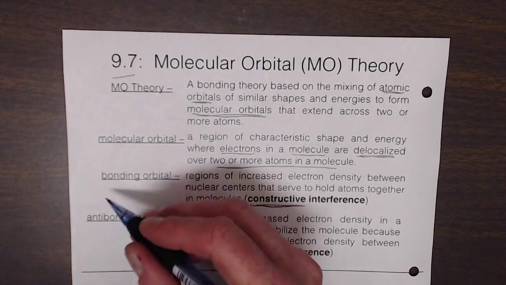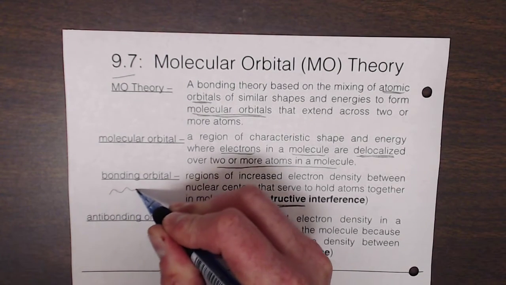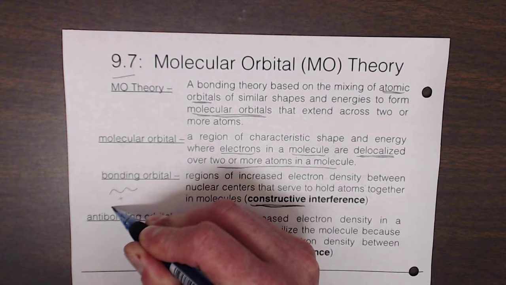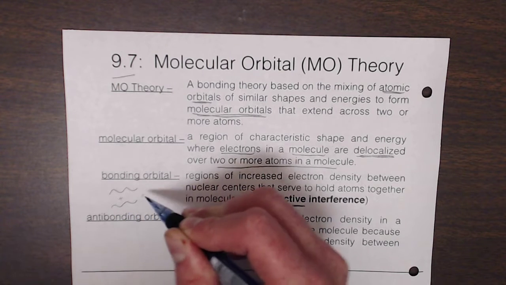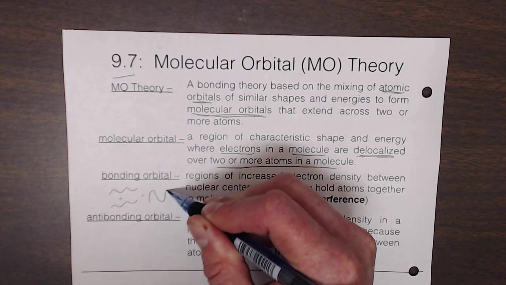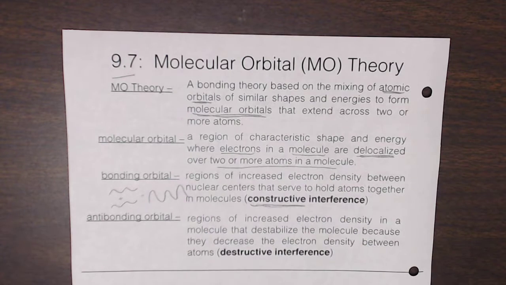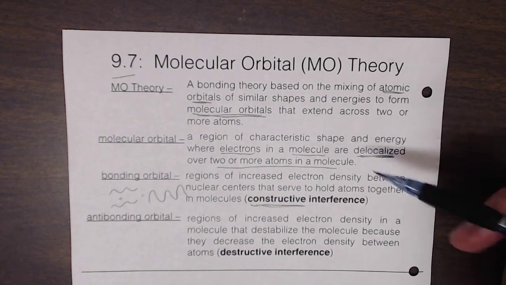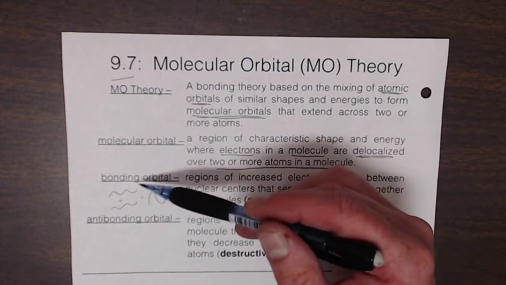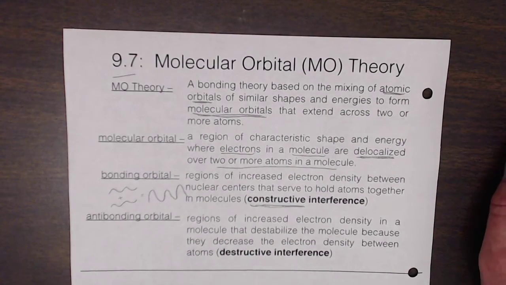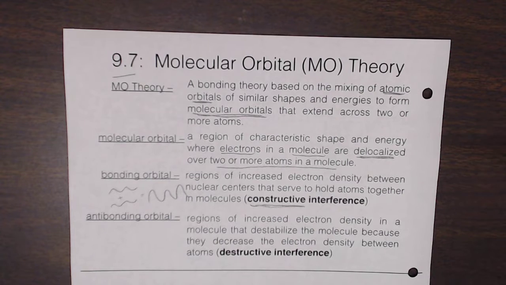And recall, constructive interference is when I have two waves being added together in phase to overall result in a brighter spot, if let's say this was light. But in the case of electrons, the constructive interference will result in enhanced probability of finding the electron in a specific location.